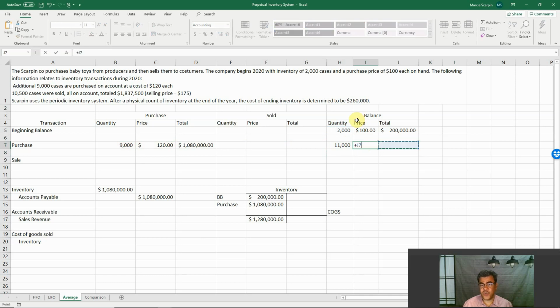Average price is total divided by quantity. We have no total yet. And the total, how do we do that? Beginning balance or previous balance plus purchase less sold. 1,280,000, and our average price is higher because our purchase price is higher.